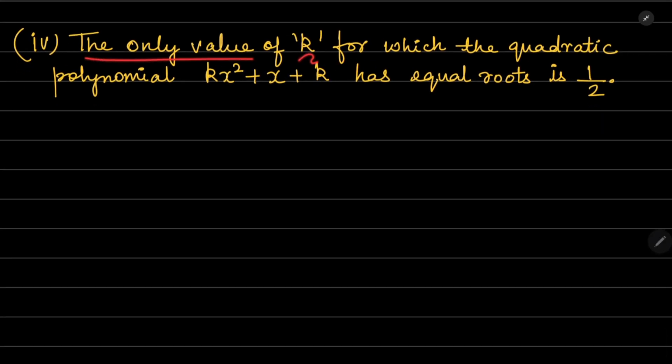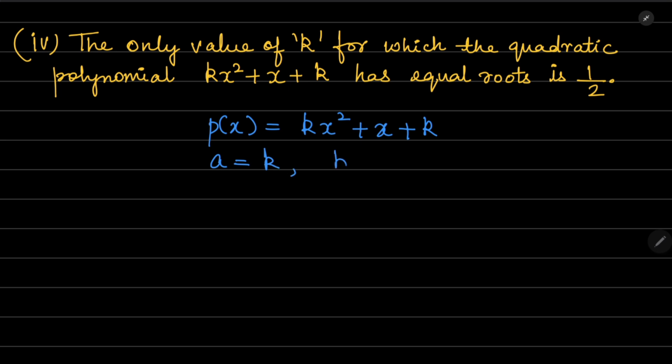The only value of k for which the quadratic polynomial kx square plus x plus k has equal roots is 1 by 2. Let's write the given polynomial. P of x is nothing but kx square plus x plus k. What is a here? a is k, b is 1 and c is also k.